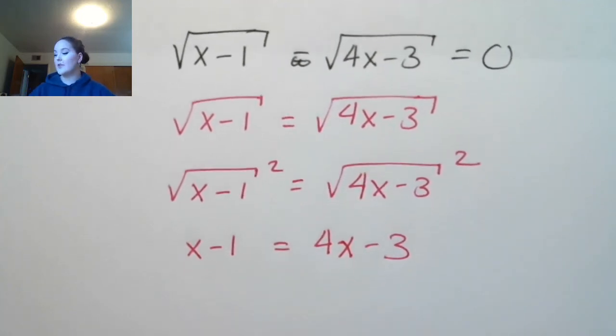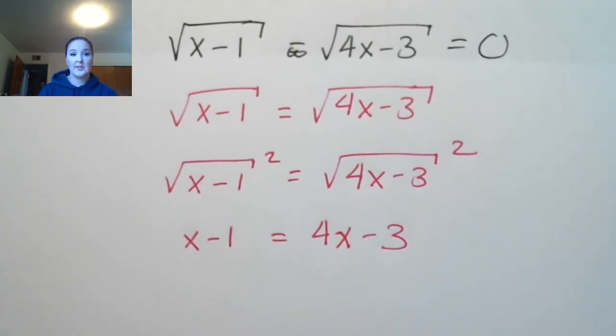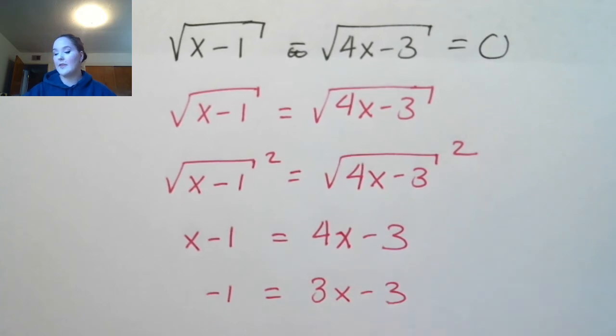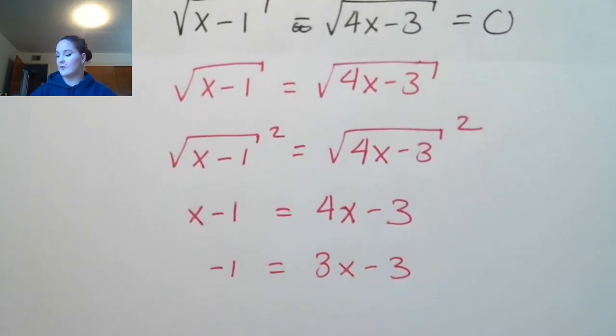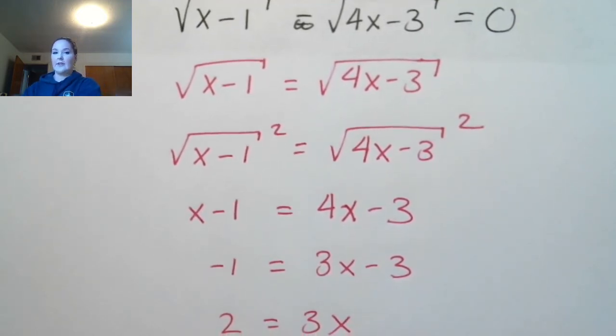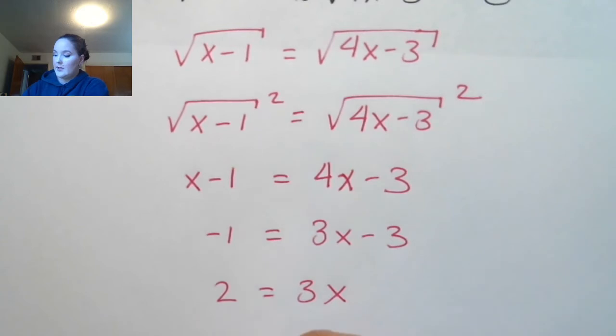Now this is not a quadratic equation, this is just a linear equation. So we're just going to subtract x from both sides and then add 3 to both sides. And then finally divide both sides by 3. So I get x equals 2/3.